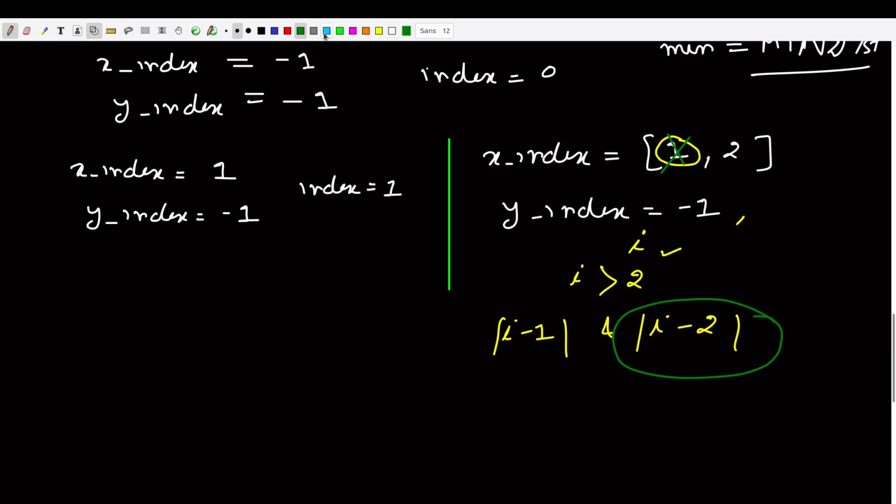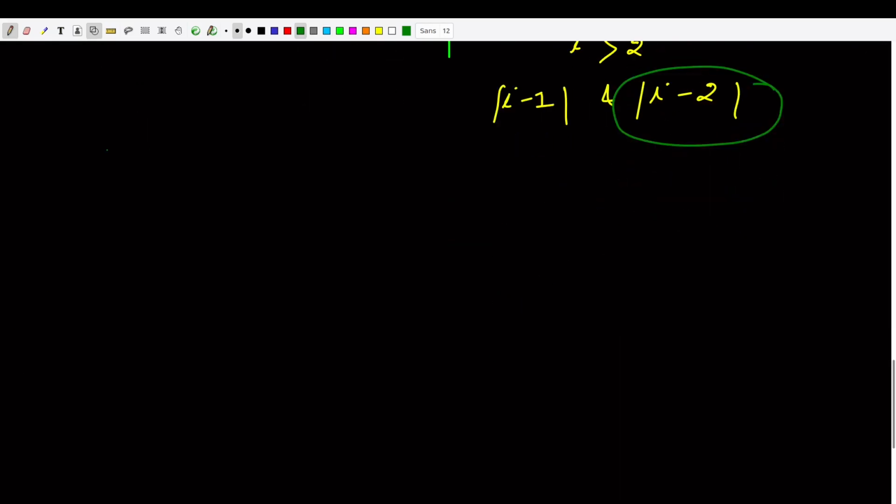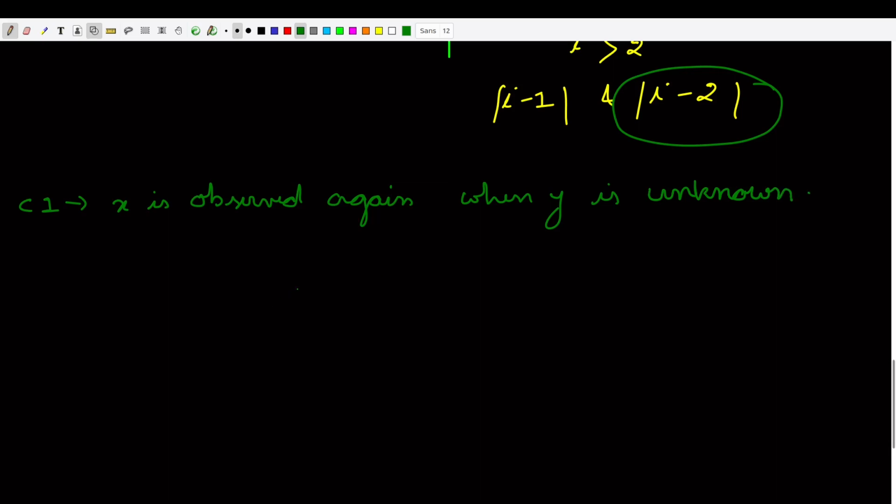So let me write down the first optimization which we did. Let me say it as case 1. Case 1: x is observed again when y is unknown. So far we have not observed y, but we have observed x twice or more than that, right?